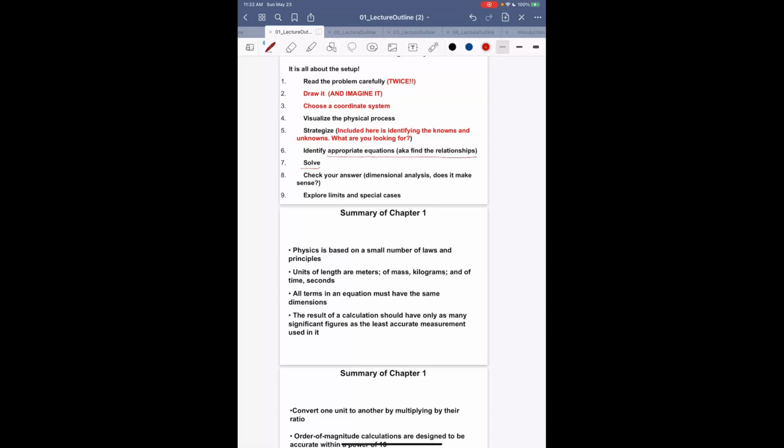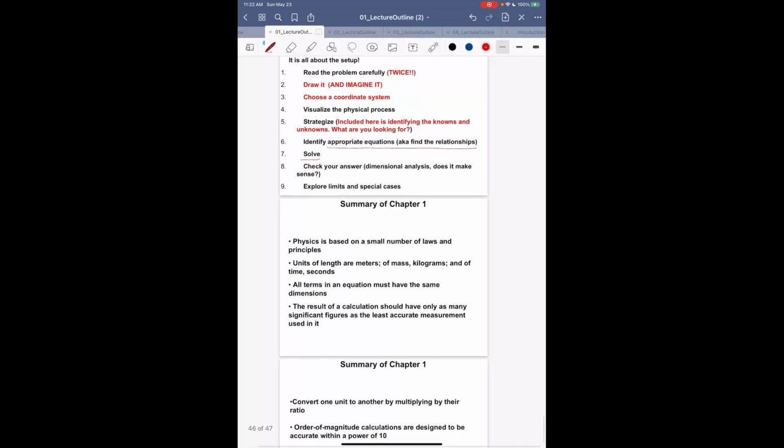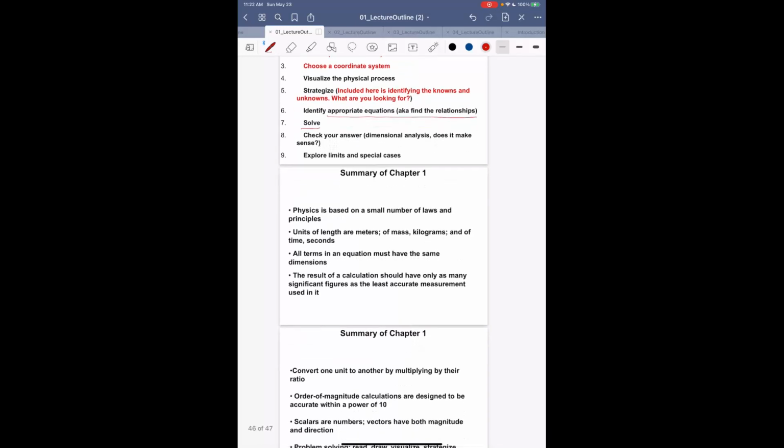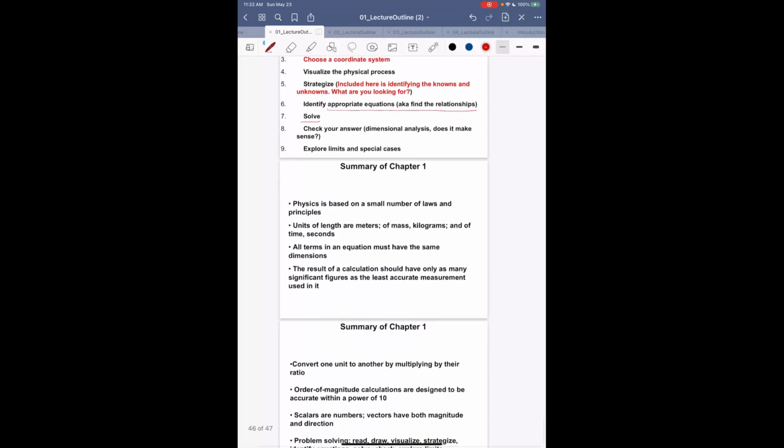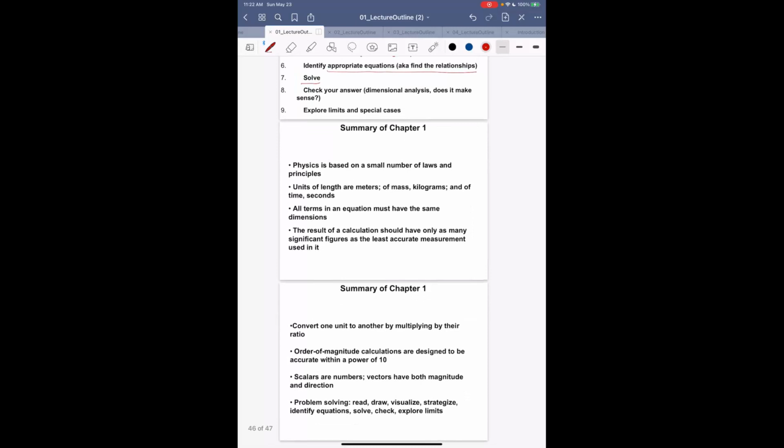The result of a calculation should have only as many significant figures as the least accurate measurement used in it. Convert one unit to another by multiplying by their ratio. Order of magnitude calculations are designed to be accurate within a power of 10.